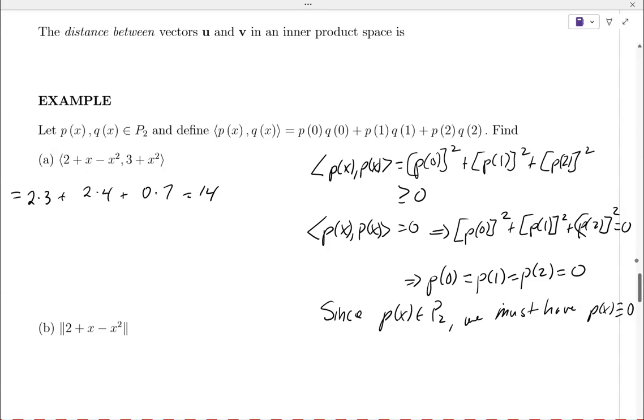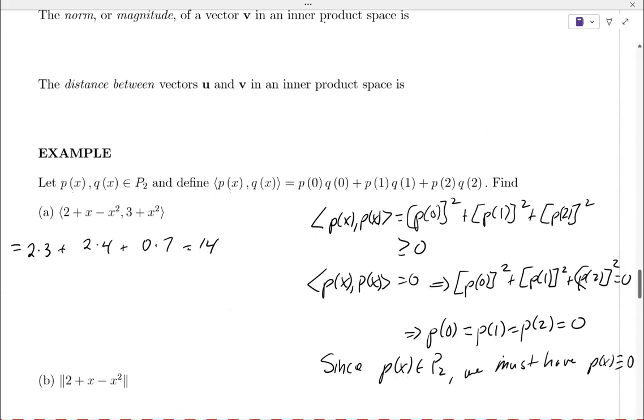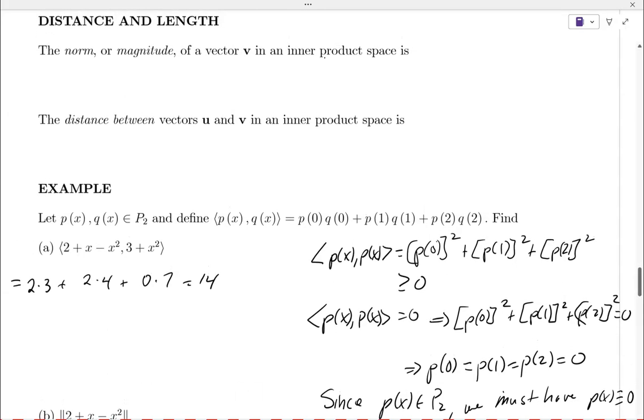All right. So let's see if we can do part B and then part C. But I realized that we didn't do the definitions last time, but we did talk about it a little bit. We did talk about norm last time, norm or magnitude. In Euclidean space, we know how to do that. We do the square root of the sum of the squares of each of the components, right? But the reason that works is because the sum of the squares of each component of a Euclidean vector is just the dot product of that vector with itself.